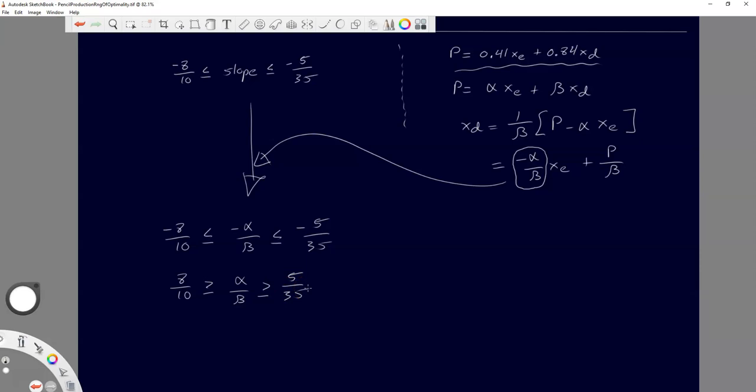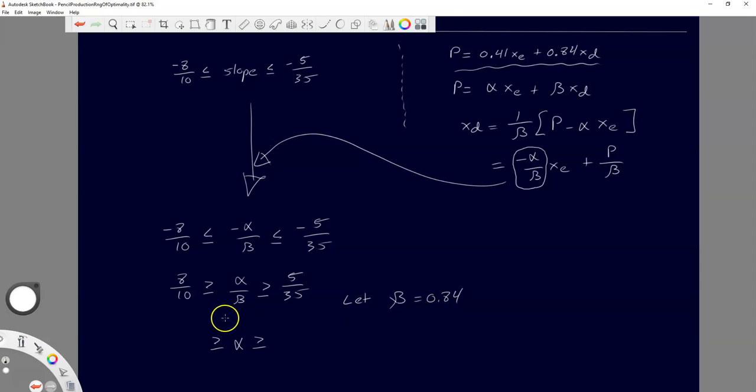And so at this point, we would be able to ask the question, well, we want to vary either the coefficient in front of x sub b or x sub d. In this case, I think we are wanting to vary the coefficient in front of x sub b, so we'll say, let beta equal 0.84, and then we could solve for alpha in each case. So I'll say alpha here greater than or equal to signs.